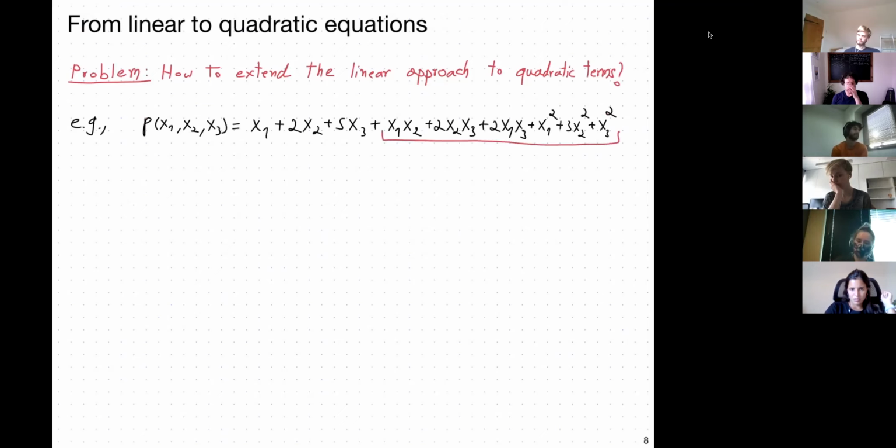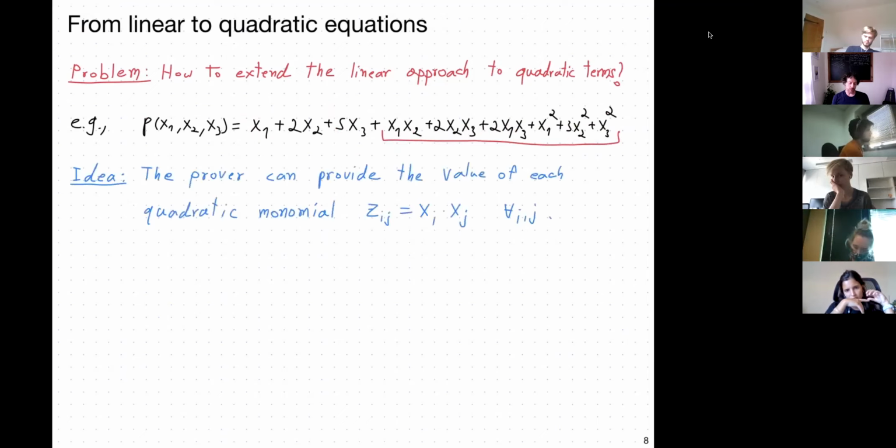We had this polynomial, and we know how to deal with these linear terms, but we also have these quadratic terms that we don't know how to deal with. So one thing we can do is ask the prover to give us the value of all monomials of degree 2.